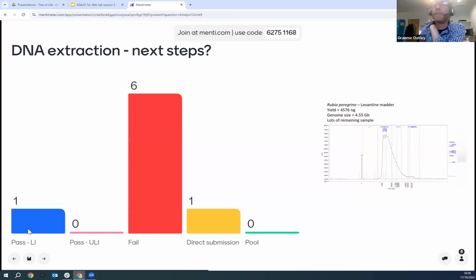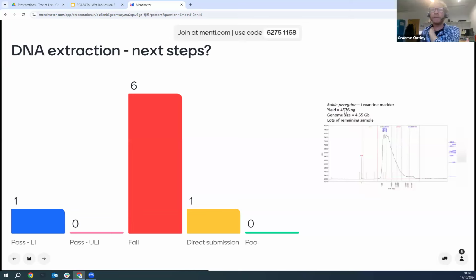A pass for LI, yeah, I think that's definitely a possibility. If that was your only extraction, I think that is something that you could work with.